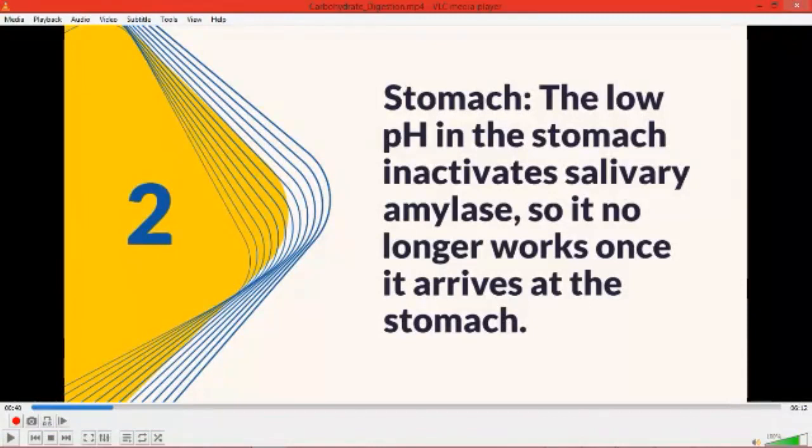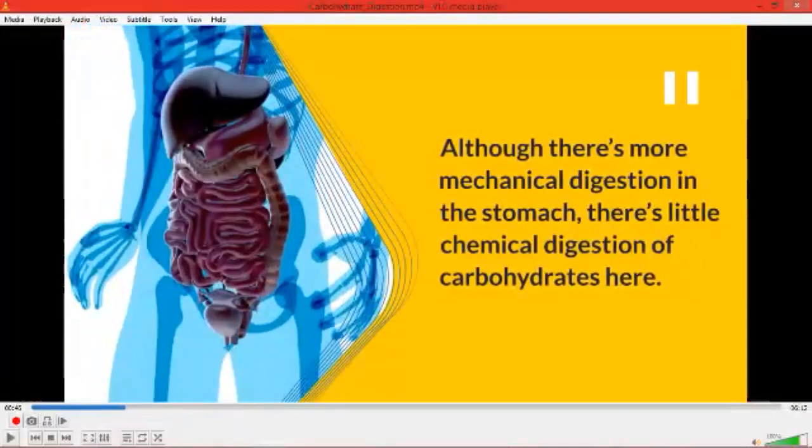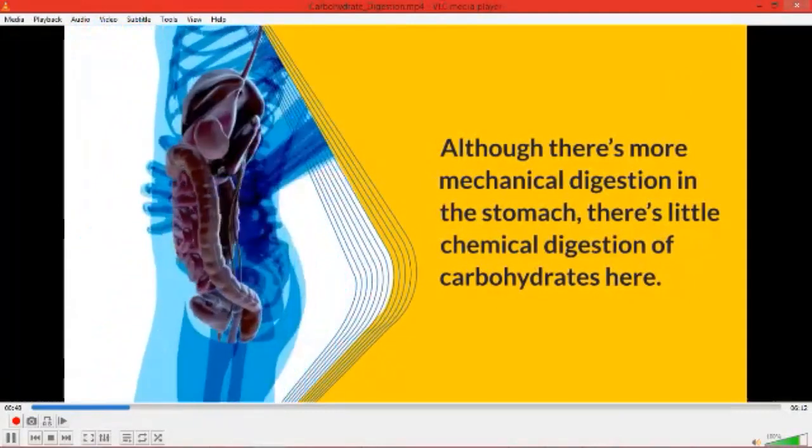Then digestion continues in other forms. One thing that happens is that because of the low pH, some microorganisms that come with food get destroyed right there in the stomach. All right.